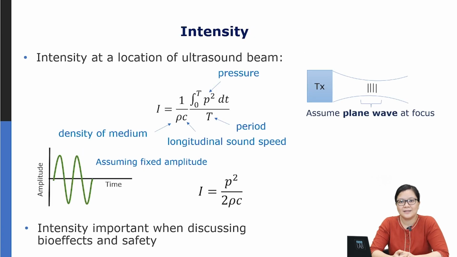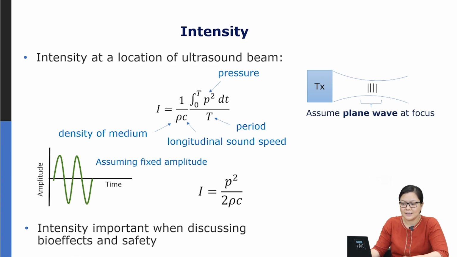The way we would calculate the intensity utilizing the pressure waveform that we receive from the signal is we look at this equation right here, where the pressure at a particular location is denoted by P. We also recall from a previous lesson that rho corresponds to the density of the medium, C corresponds to the longitudinal sound speed, and T is the period, which corresponds to one wavelength of the sound, one cycle of the sound wave.